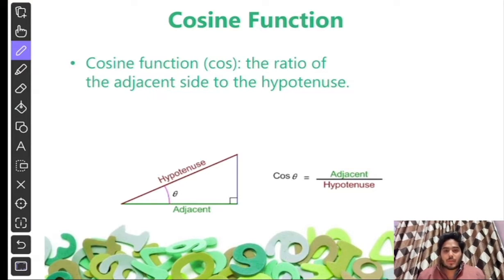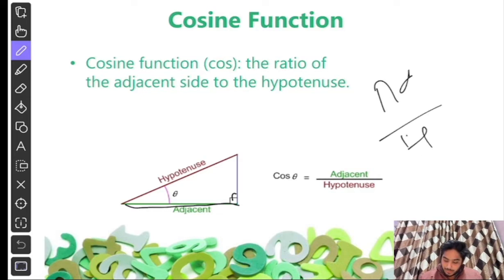Now, the cosine function is the ratio of the adjacent side to the hypotenuse. This is the adjacent side to the hypotenuse, and this is our angle. So the formula for the cosine function is adjacent side upon hypotenuse.